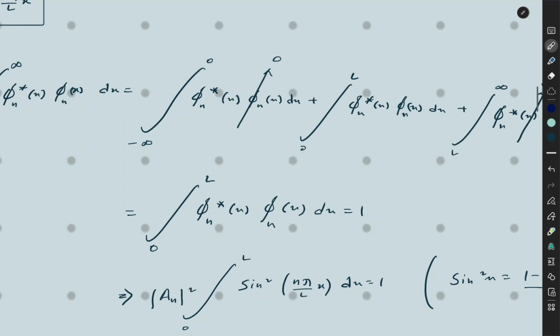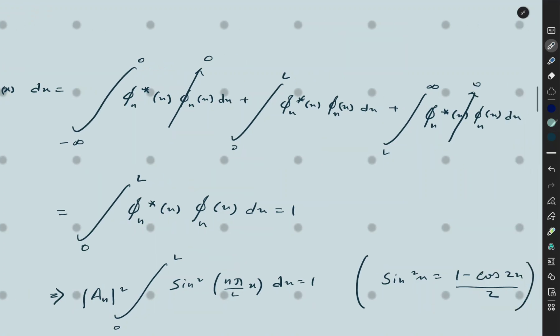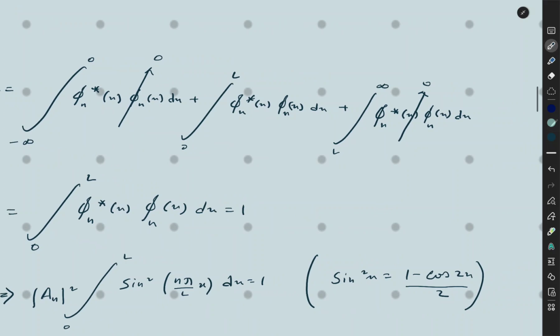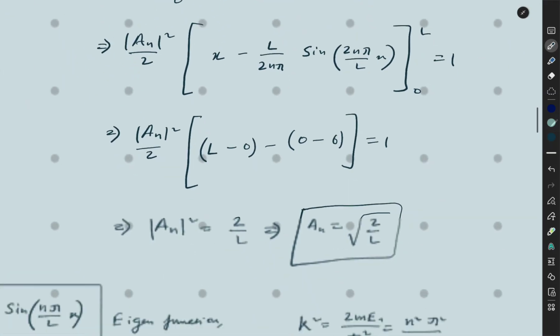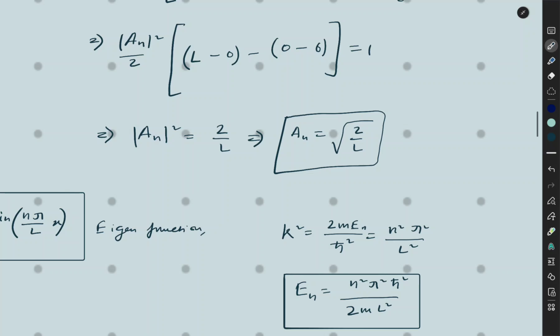How are we getting it? We rewrote this as minus infinity to 0, which is becoming 0 because the probability of finding the particle outside the box is 0, and from 0 to L it is 1, and from L to infinity it is 0. After simplifying and integration, we got A n square equal to 2 by L, and correspondingly A n equal to square root of 2 by L.